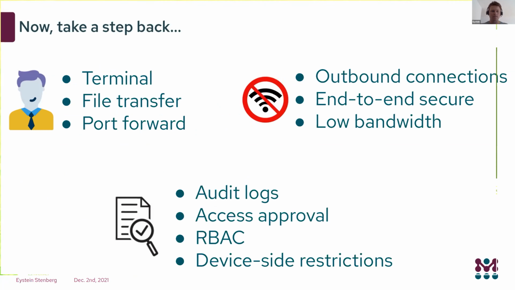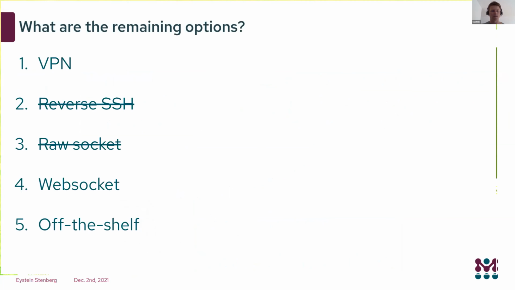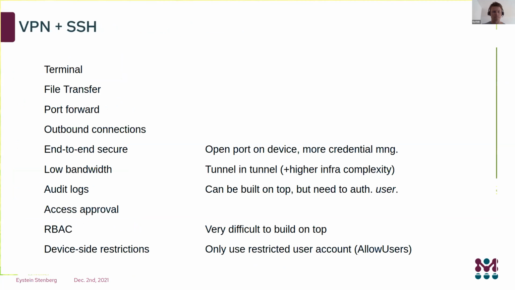So if we take one step back, we solved two of the main requirements in different ways, or they can be solved. I am going to skip looking at reverse SSH and raw socket because they are better covered by other solutions like VPN or WebSocket.